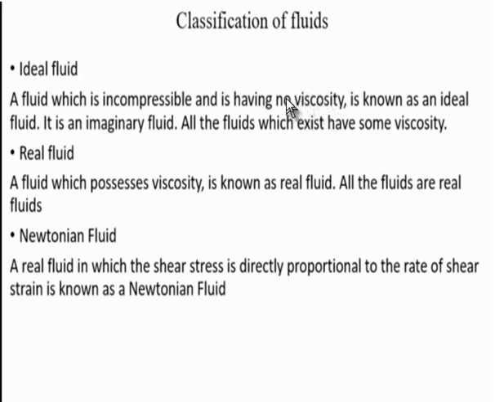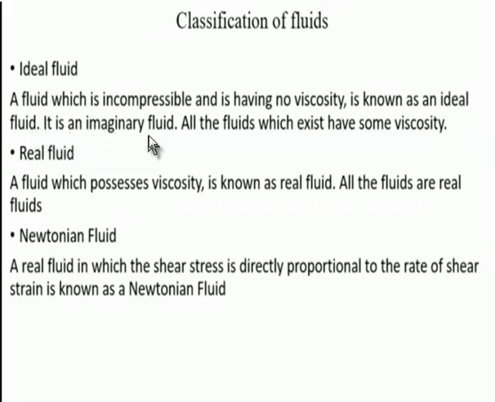The fluid which does not have viscosity is called an ideal fluid. Along with no viscosity, it should be incompressible. That means the fluid should not be compressed. We are not able to compress that fluid. That is what is known as an ideal fluid.